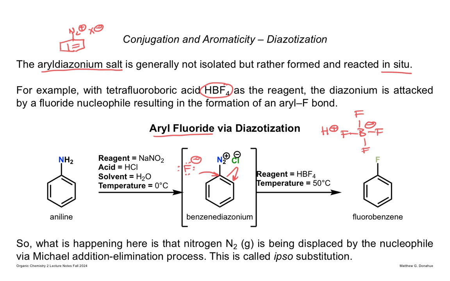That's going to attack the carbon bearing the nitrogen. It's going to push electrons from the pi bond over to the adjacent carbon. And so we proceed through this intermediate, and here we have this minus, and so that's going to re-aromatize by forming the pi bond and then eliminating off nitrogen gas.